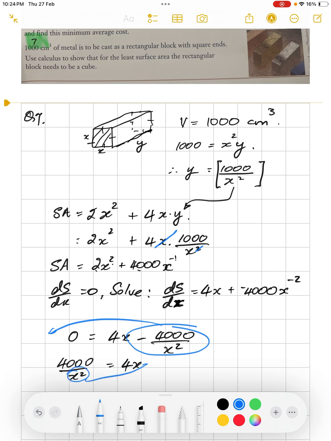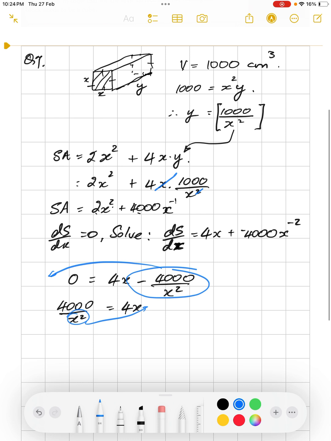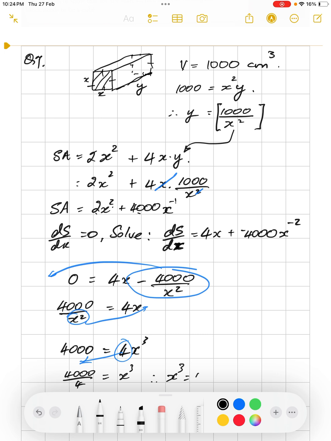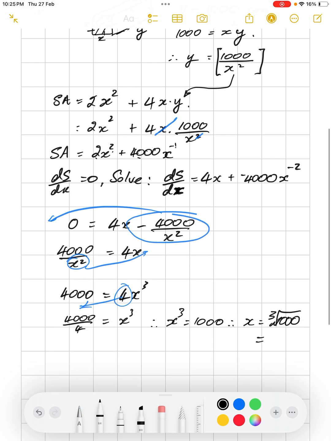We can now bring the x squared up to be multiplied, so it's 4,000 equals 4x cubed. Divide that by 4, so 4,000 divided by 4 equals x cubed, therefore x cubed is 1,000, so x is the cube root of 1,000, so x has to be 10.